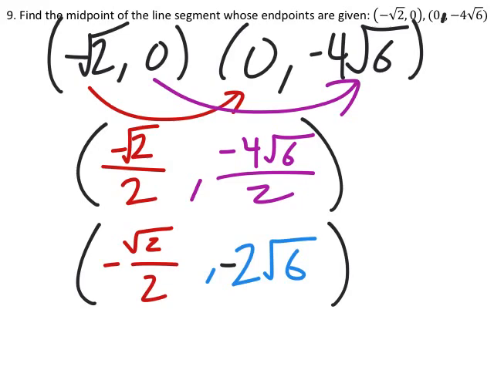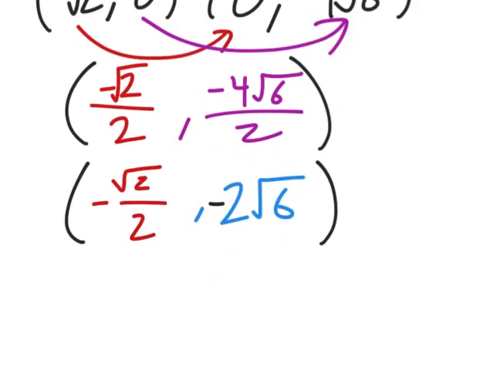Now you may use the formula of this, which can be found from your notes hopefully. You're just adding the x's and then the y's and dividing that value by 2. That's not going to be a big deal, okay? So I can go ahead and write that for you.